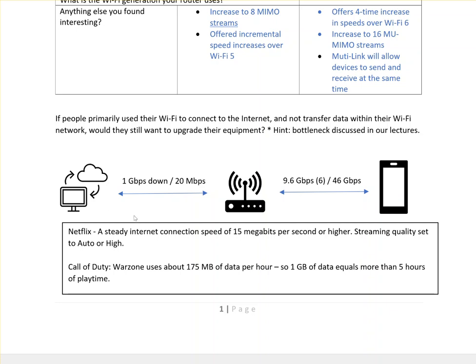Now, if I had a 10 gigabit fiber optic connection, then suddenly, if I have my old Wi-Fi 5 router, which only supports about 1.3 gigabits per second transfer rate, then this device becomes the bottleneck. Because I have a higher speed, I'm going to lose speed that I'm paying for because my device doesn't support it, and then I lose speed into my local area network, which is right here.